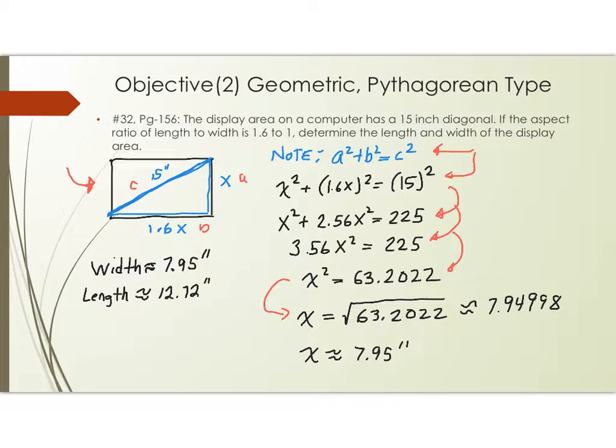So when I take the square root I get 7.94998, and I'll round it to 2 decimal places, and when I do that I get x is equal to 7.95 inches. So my width is 7.95 inches, and the length of the computer screen or display is 12.72 inches.